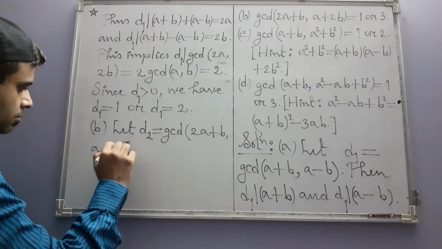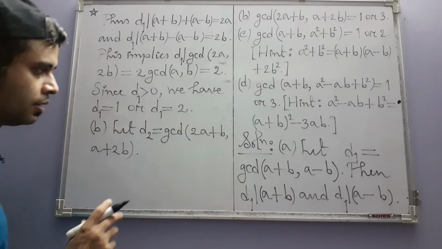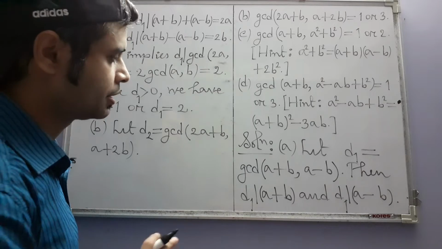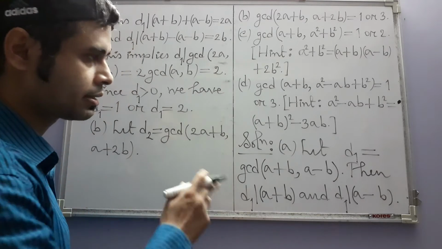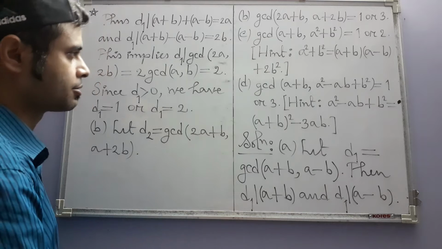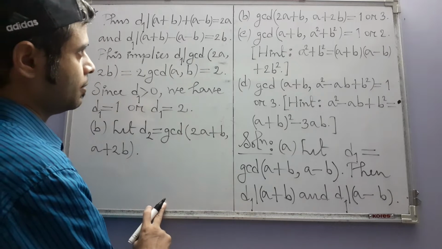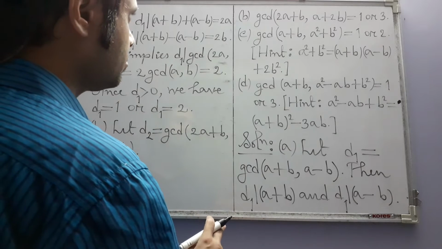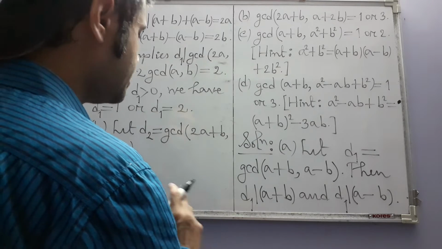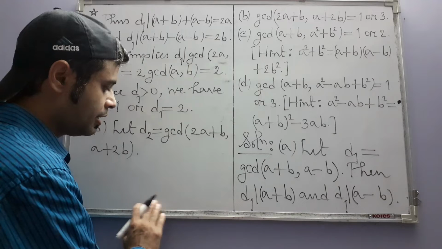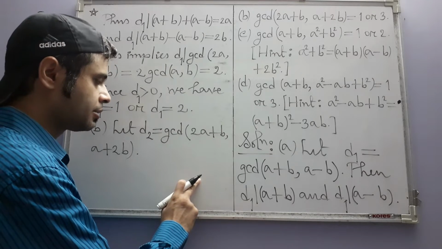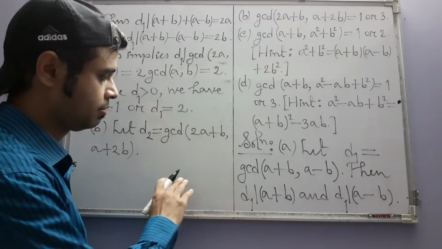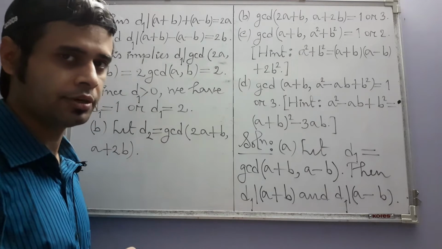There is one subtle thing that I have not mentioned here in part A, and in fact that same thing is there in the other parts also. See, GCD exists only when the integers of which we are taking the GCD are not both 0.